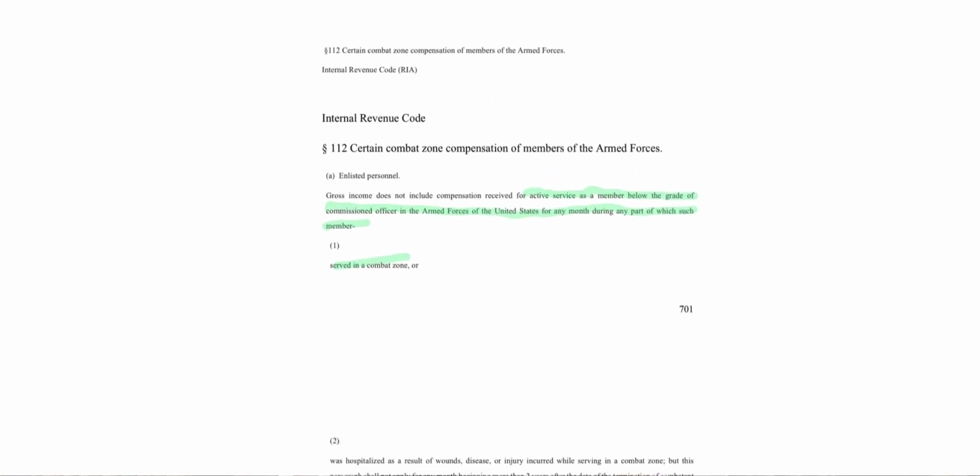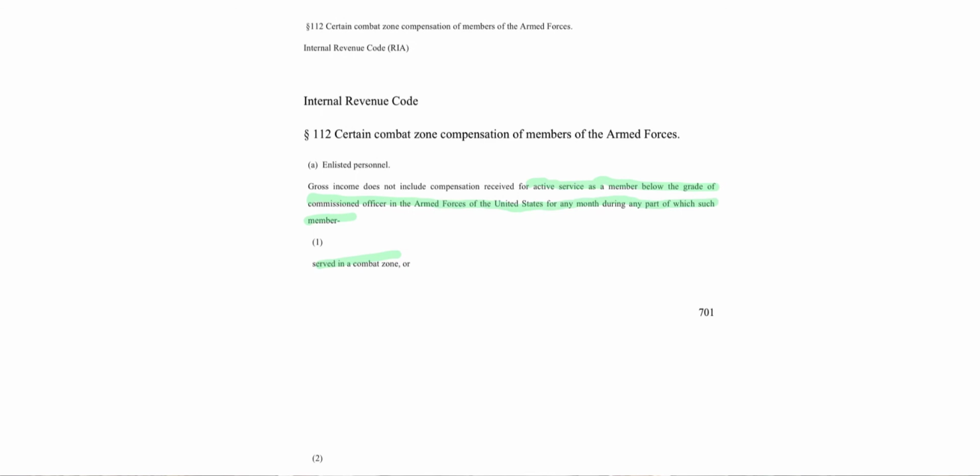Now, a few things. Okay, so tax treatment rule, which remember is a general rule. Exclude. We exclude from income. Now, of course, again, section 101 to 140, almost surely the tax treatment rule will be exclude. So gross income does not include compensation, active service as a member. Okay, below the grade of commissioned officer.